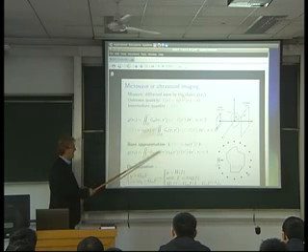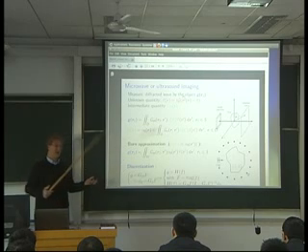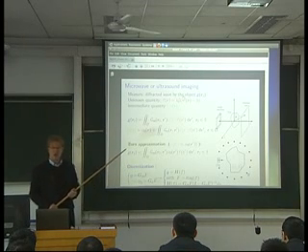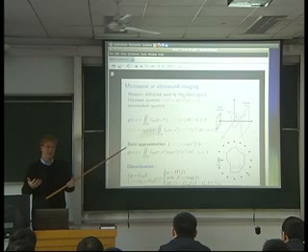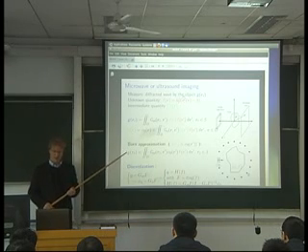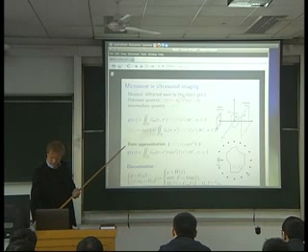Phi 0 is known, and the relation becomes a linear relation. So through this example, I wanted just to show how a nonlinear model can be simplified to a linear model, and then try to solve this linear problem.